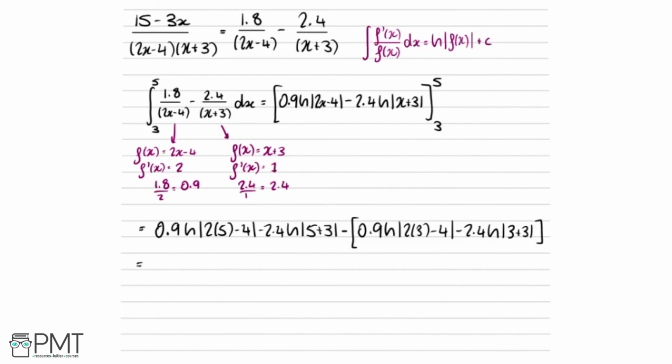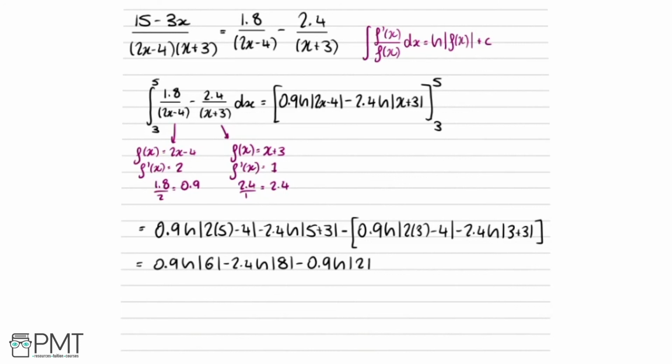So tidying this up a little, we'll get 0.9, and then inside the modulus sign here, we'll get 2 times 5, so that's 10 minus 4, so we get 6. Minus 2.4, and then we get 5 plus 3, so that's 8. And we're going to subtract both terms here. So we're going to get minus 0.9, the natural log, and evaluating this, we get 2 times 3, so that's 6 minus 4, so we get 2.